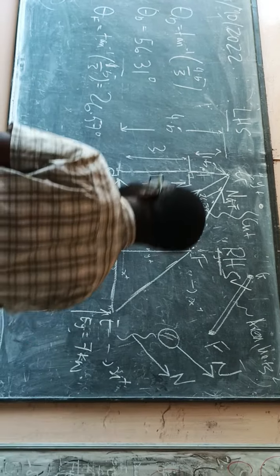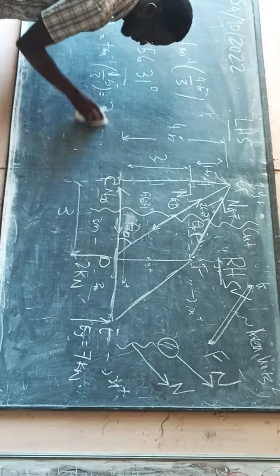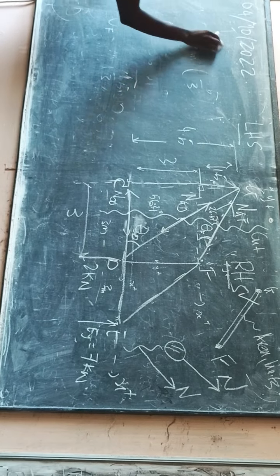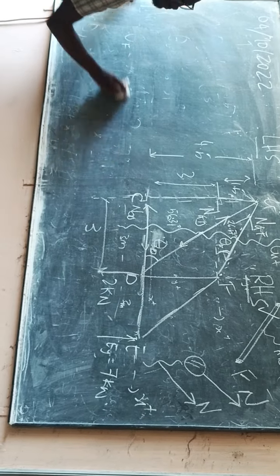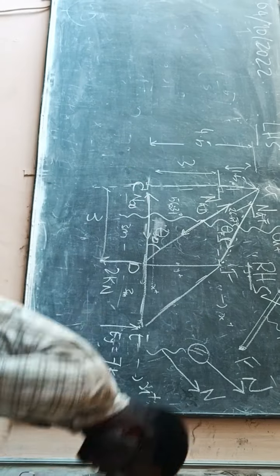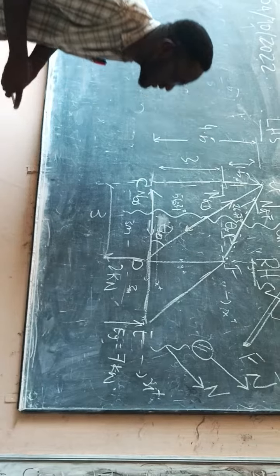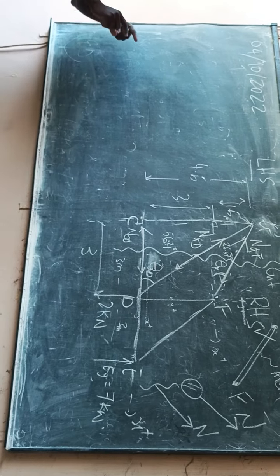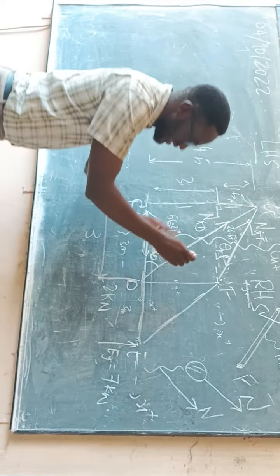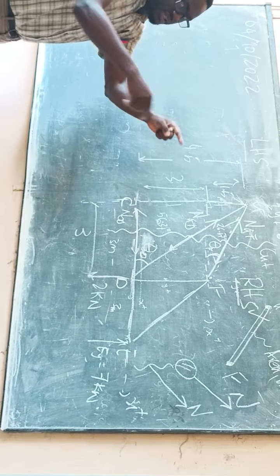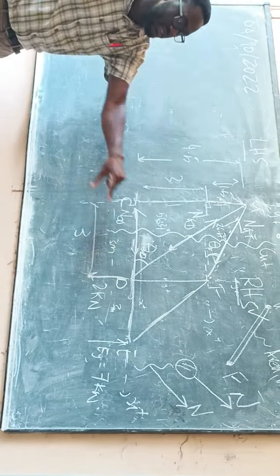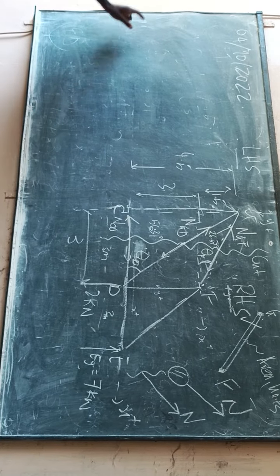So once you do that, you're almost done solving the problem. Once you do that, since these are inclined, you can now project them in your different references that you have defined, positive references.